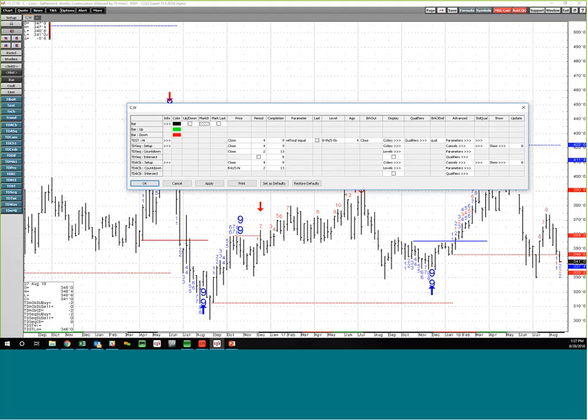There are parameters to change if you wanted to change the periodicity, if you wanted to add qualifiers, if you wanted to change cancellation parameters.